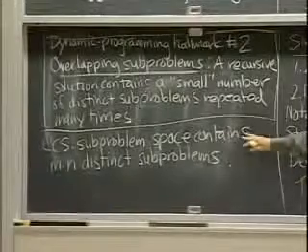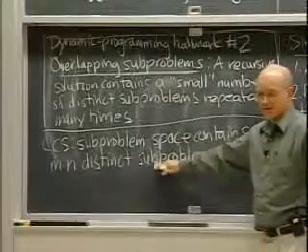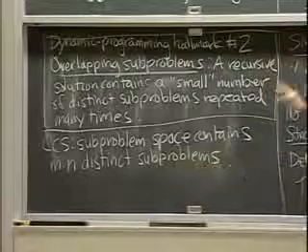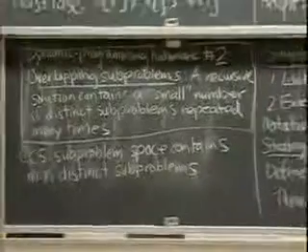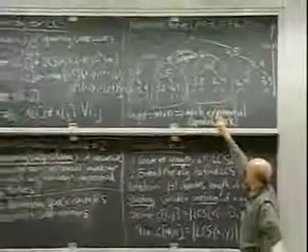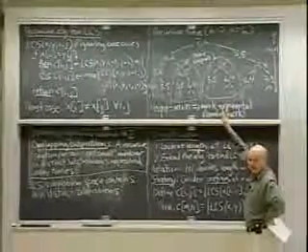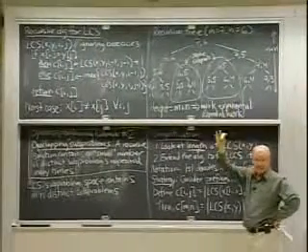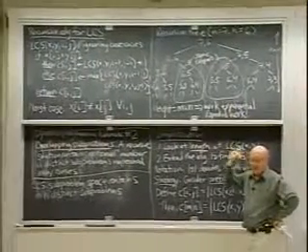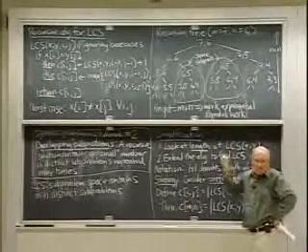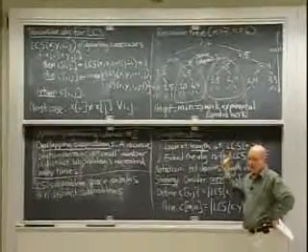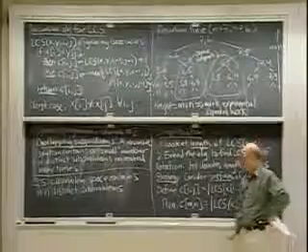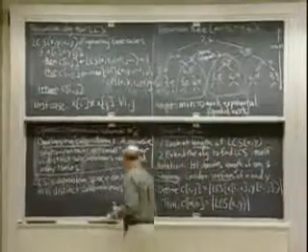This is small. Because each subproblem is characterized by an i and a j, and i goes from 1 to m, and j goes from 1 to n. There aren't that many different subproblems. It's just the product of the two.